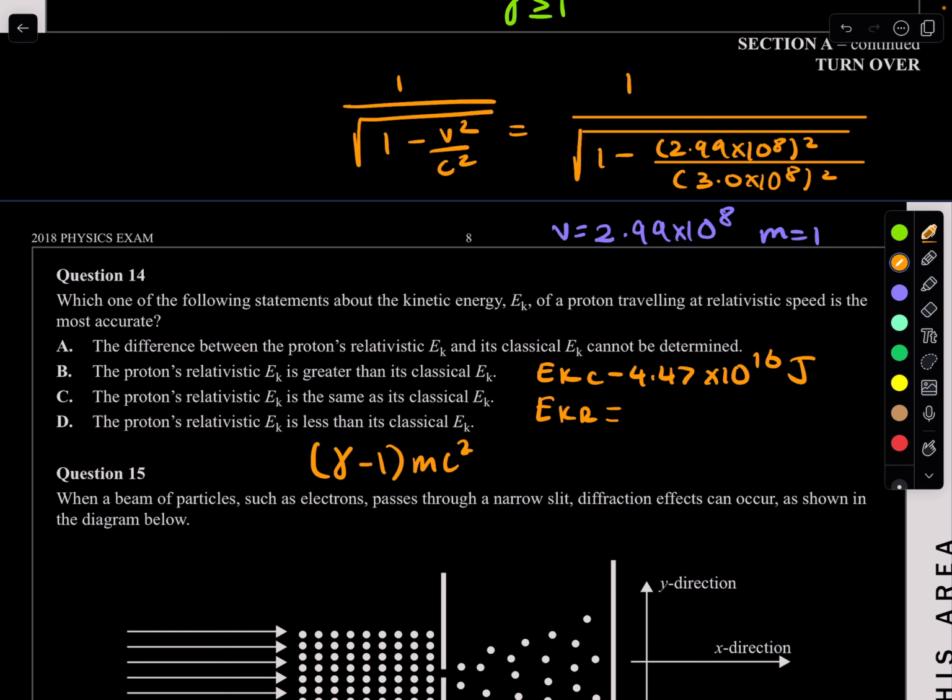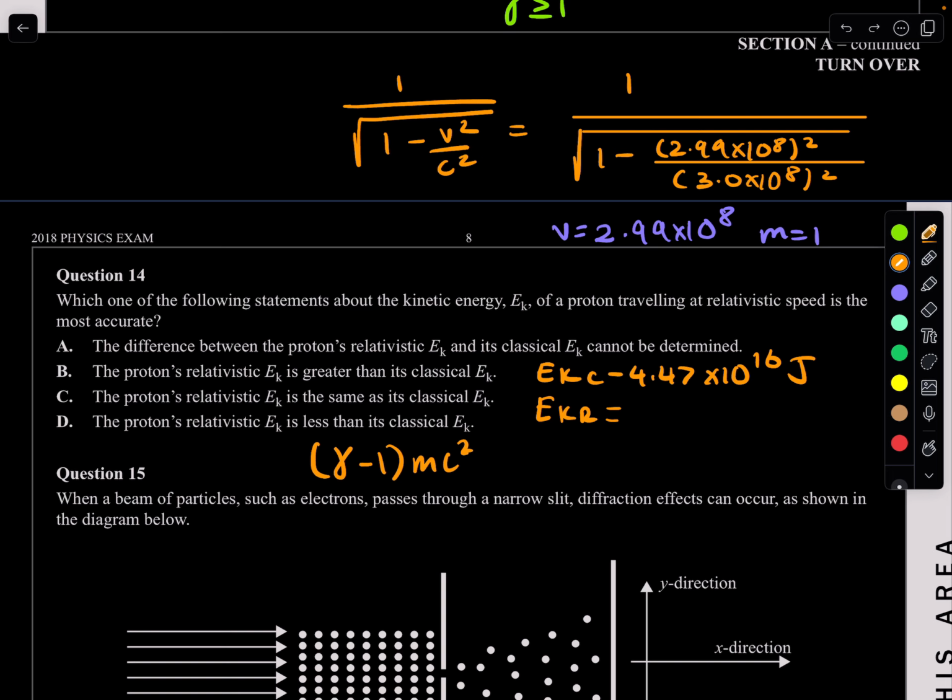Now, to be honest, just having a look at it, I know for a fact that the relativistic will be greater. It's just because you've got to remember c is actually being squared. So I would absolutely think that this must be greater. But yeah, just check. So 1 over the square root of 1 minus 2.99 times 10 to the power 8 squared over 3.0 times 10 to the power 8 squared.